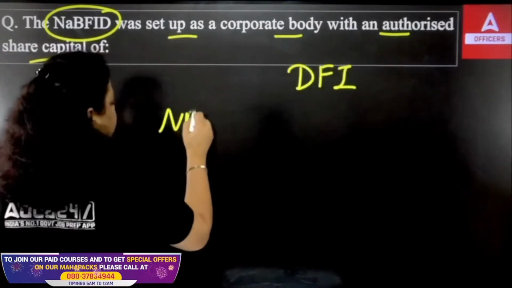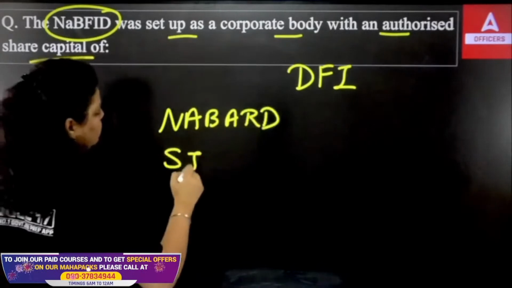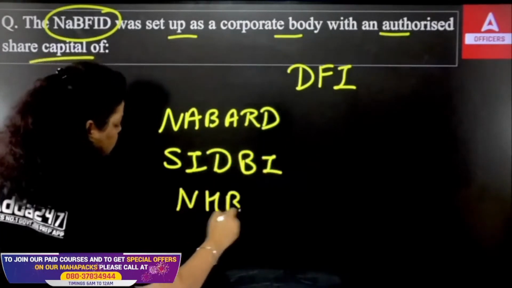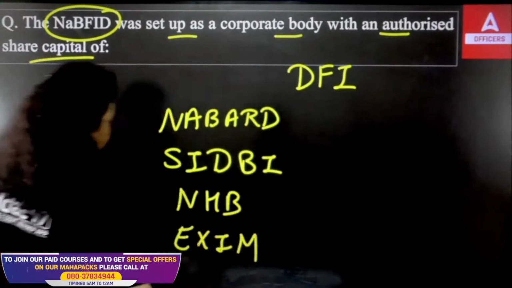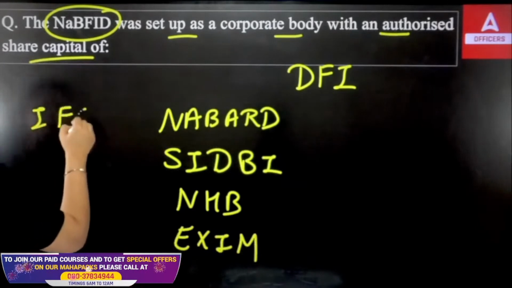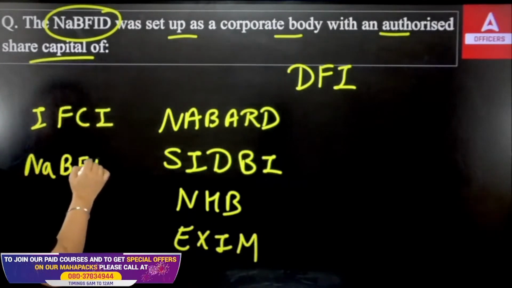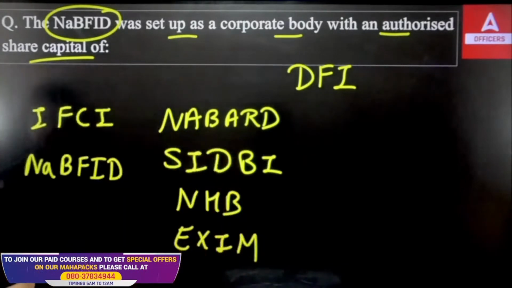We have NABARD, we have SIDBI, we have NHB, we have EXIM, we have IFCI, and then NABFID. So these are the development financial institutions, and they work for what?